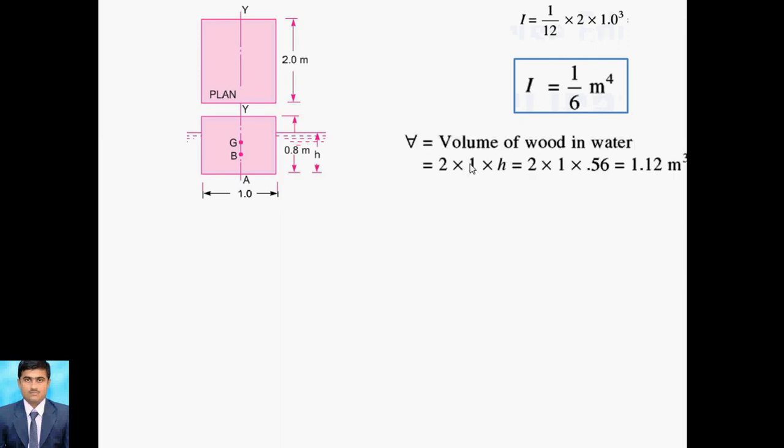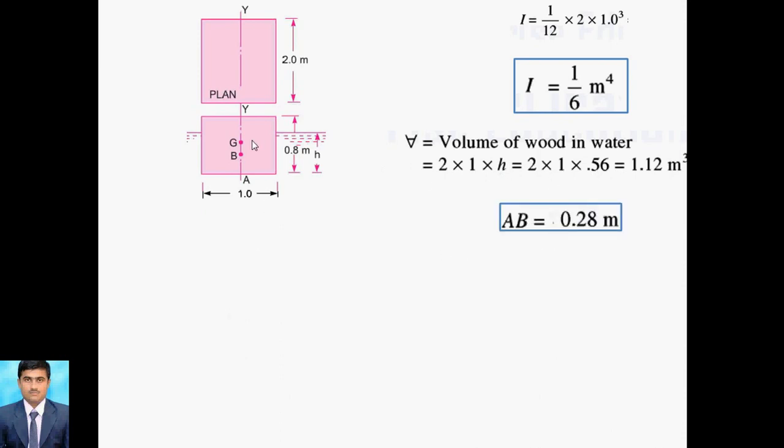Next, the volume of the wood in water. This is the 1, this is the 2, and this height, the depth of depression, is h. The h value is already calculated, 0.56. After putting this value we get the volume, right?